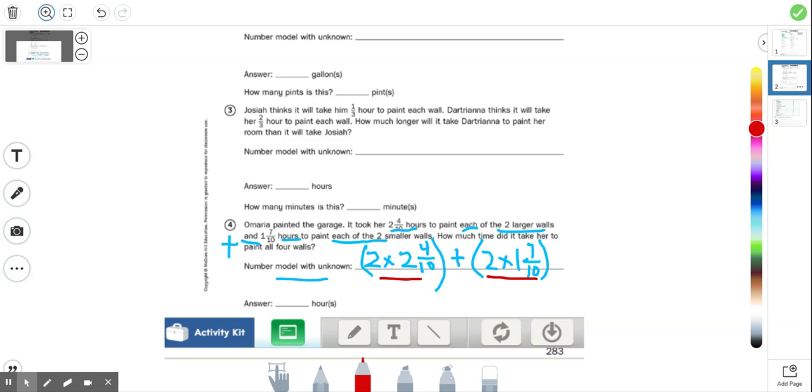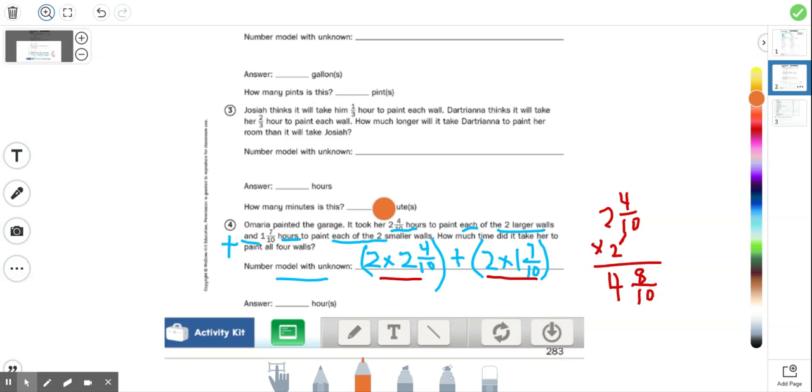So go off to the side. 2 and 4/10. It's pretty ugly writing, but what are you going to do? Times 2. So 2 times 4/10 is 8/10. You got 4/10 and 4/10. It's 8/10. And then 2 times 2 is 4. Okay, that takes care of that one.